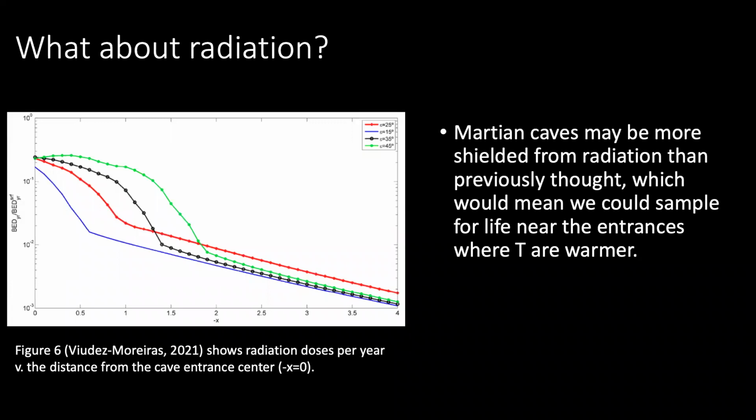Within that first 5 meters, you actually get a fairly negligible radiation environment that would be clement even for people. So there's quite a lot of shielding. If you have warmth and you have shielding and you have high microbial activity, you might have a ton of biosignatures that you could sample for a cave mission.